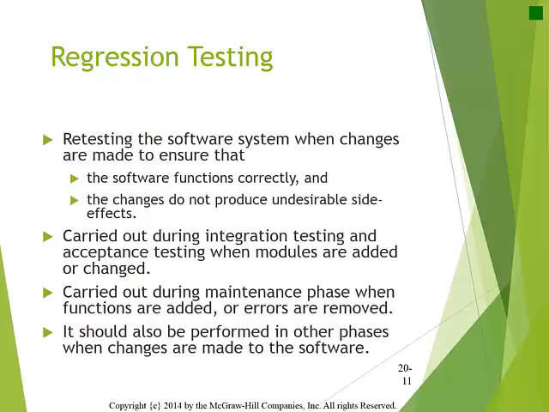Regression testing is carried out during maintenance phase when functions are added or removed. Regression testing also should be performed in other phases when changes are made to the software.